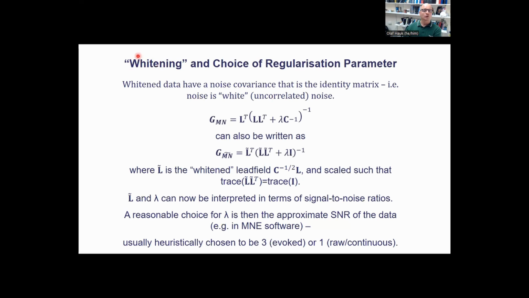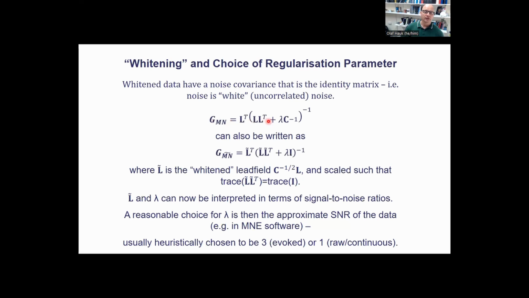But a concept that's important here is whitening. You can whiten your data. That means you turn them into data with unit variance and orthogonal covariances. So you create new data where all the channels have unit variance and they are not intercorrelated.